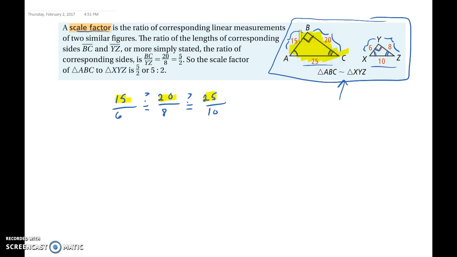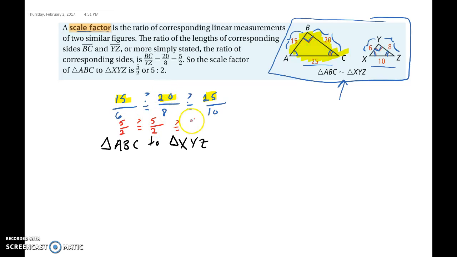So all of my ratios were triangle ABC to triangle XYZ. So I stayed consistent in all of these. All right, then we would just reduce all of these. So 15 over 6 reduces to 5 over 2. We're still asking, are they equal? 20 over 8 reduces to 5 over 2.